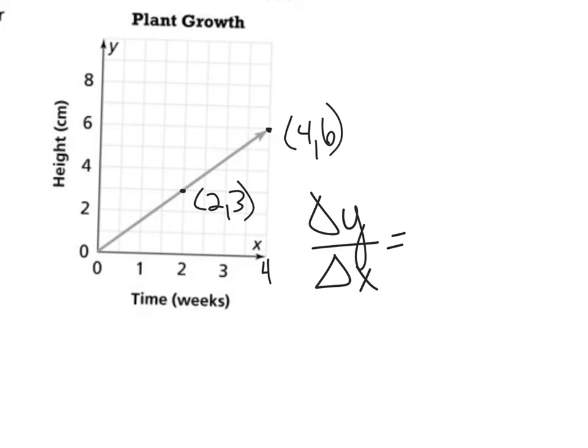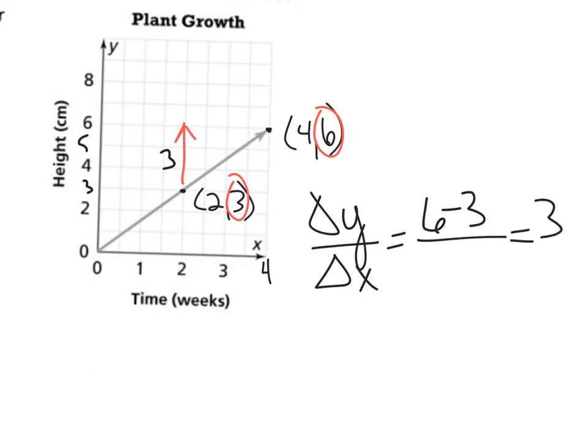Change in y, our y values are 3 and 6. And so if we start on this point on the left side, we would actually be going up 3. The y-axis, they are actually going by ones, so we could actually count the squares there. Usually not the case, doesn't seem like lately, but so 6 minus 3, we're going up 3.